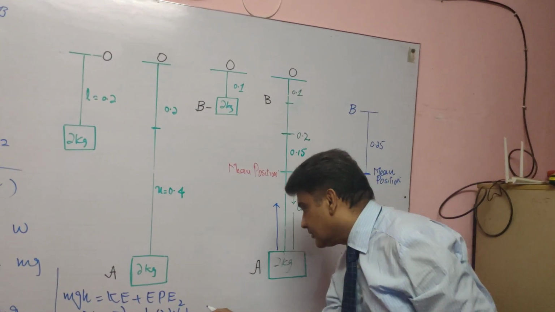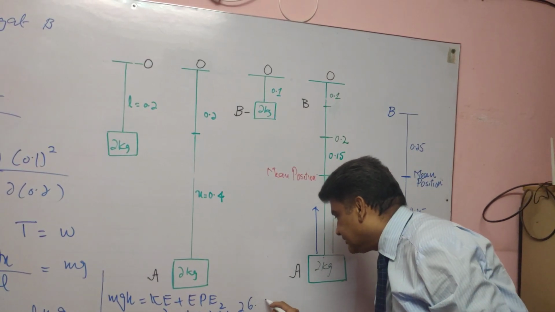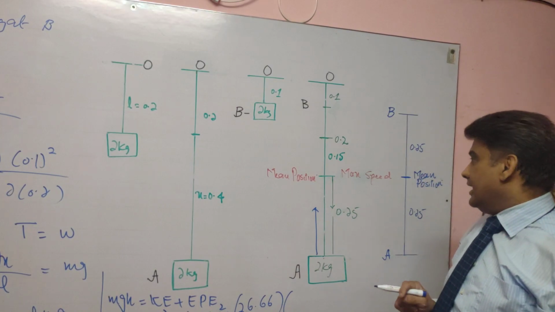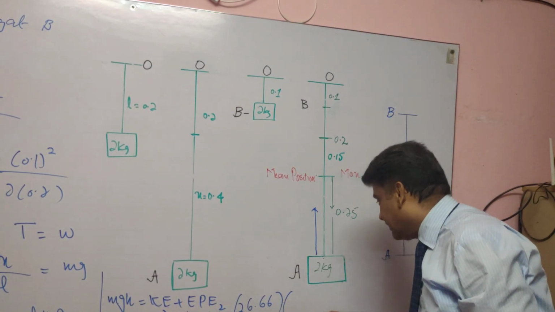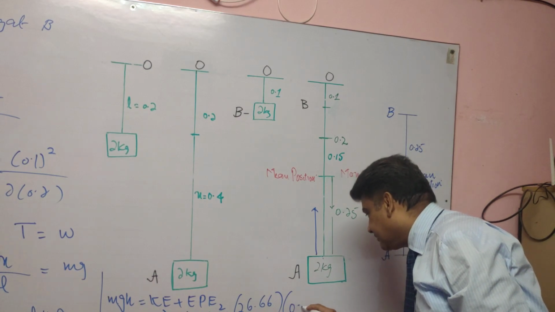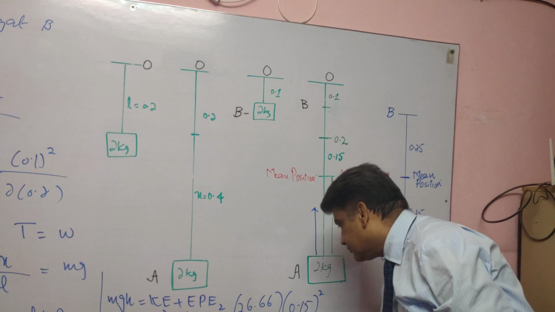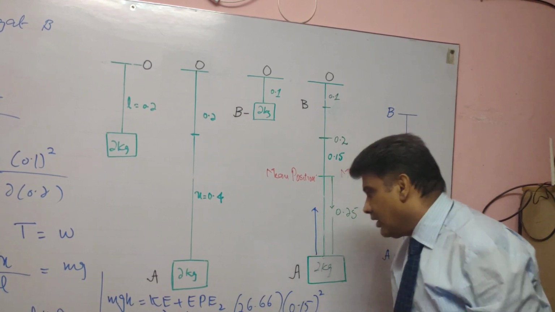We write lambda, which is 26.66, times x squared, where x is 0.15, divided by 2 times 0.2.